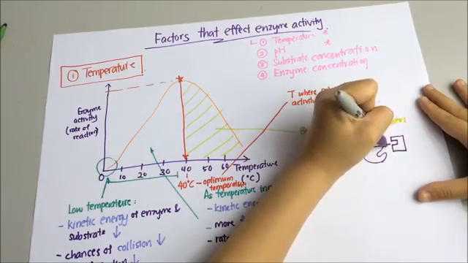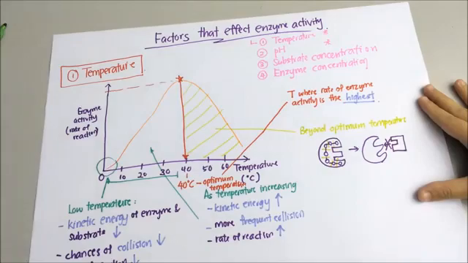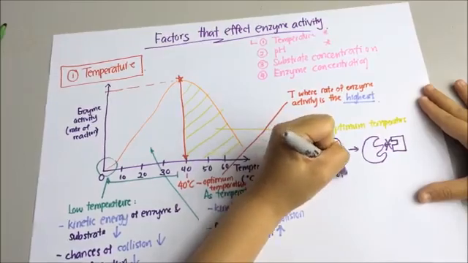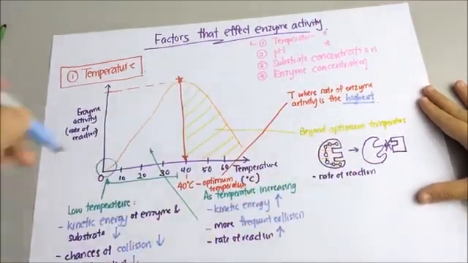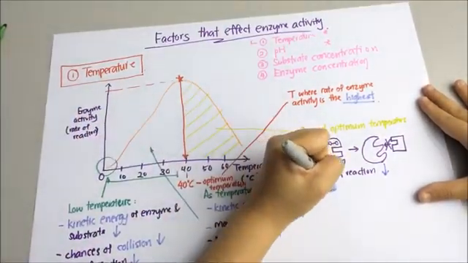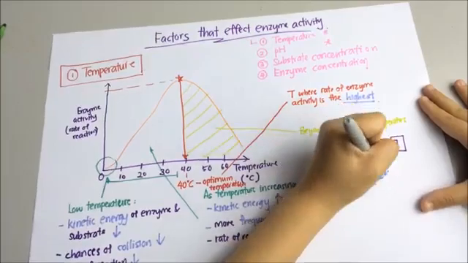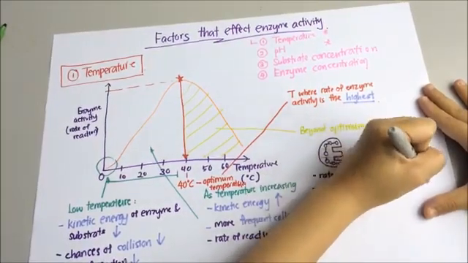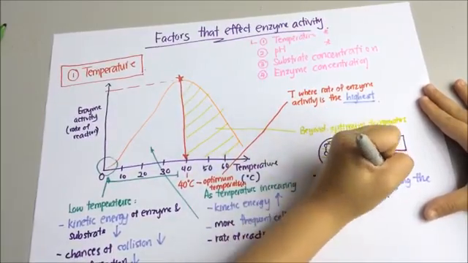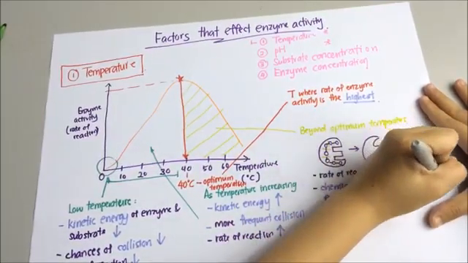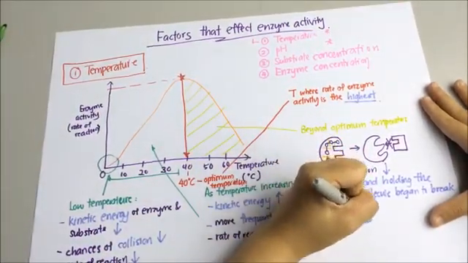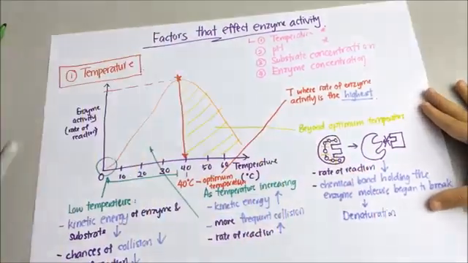And therefore, the specific 3D shape of the enzyme is disrupted, and the specific shape of the active site is also destroyed. And therefore, the substrate can no longer bind to the active site of the enzyme, and hence all this is known as denaturation of enzyme.